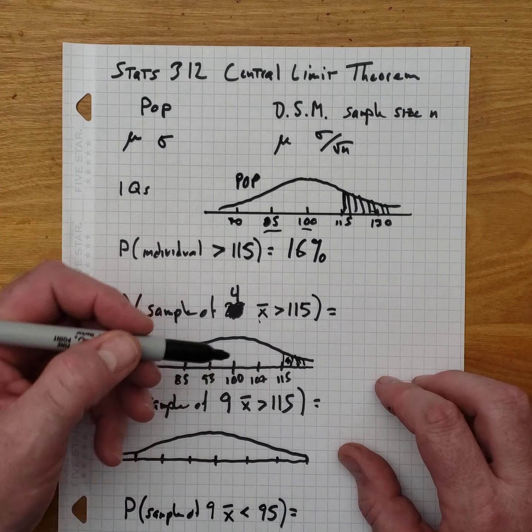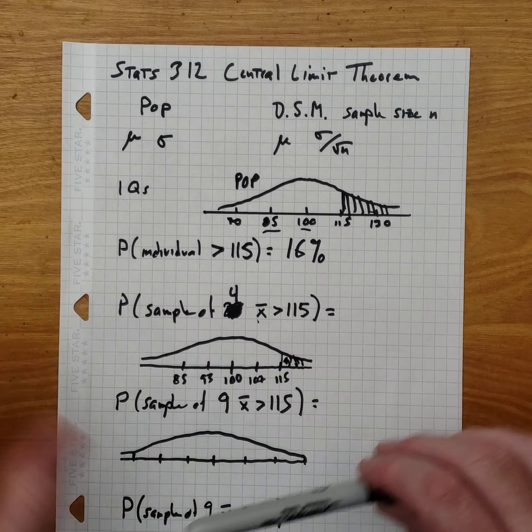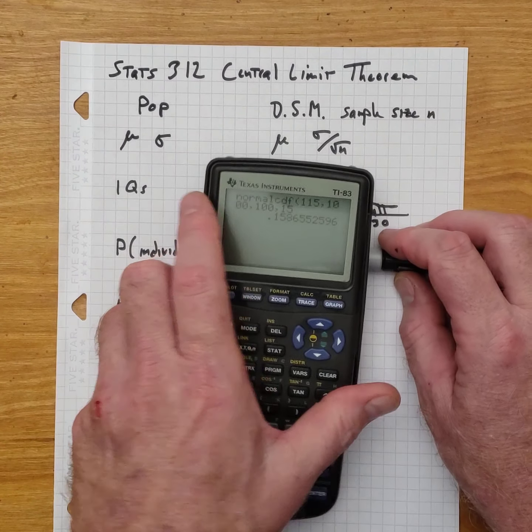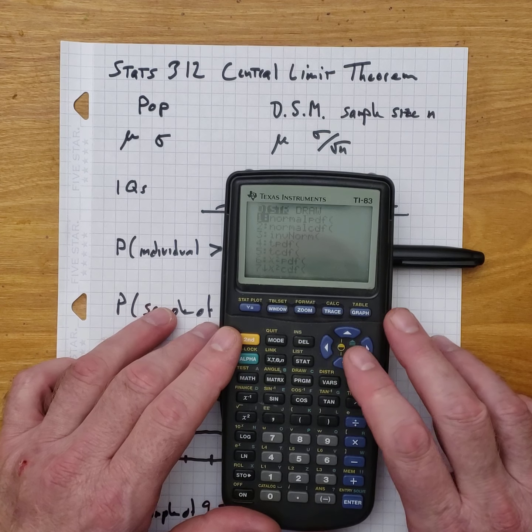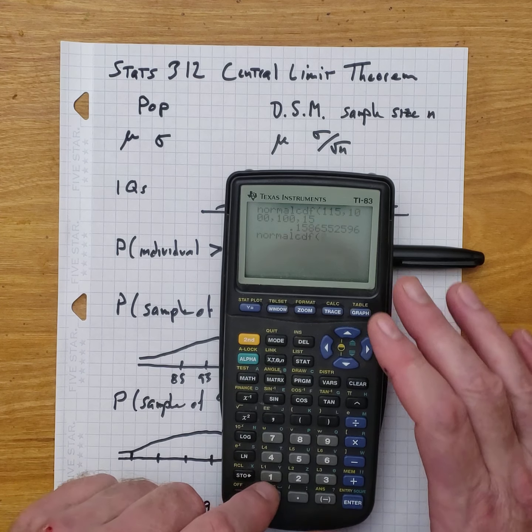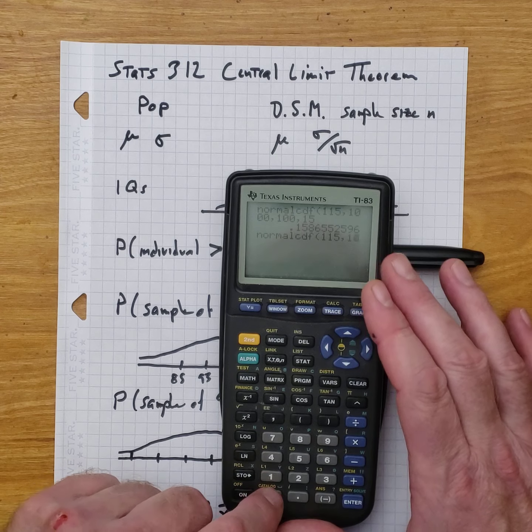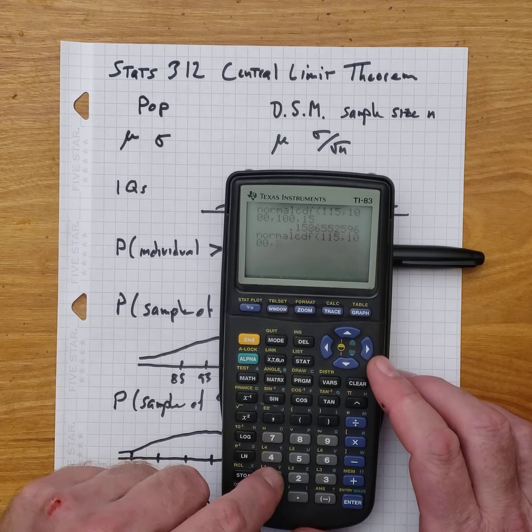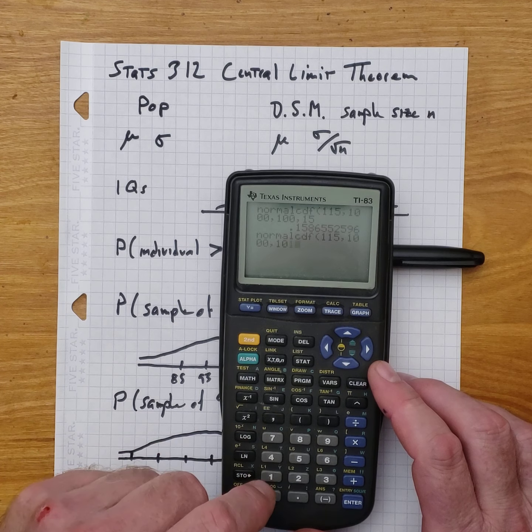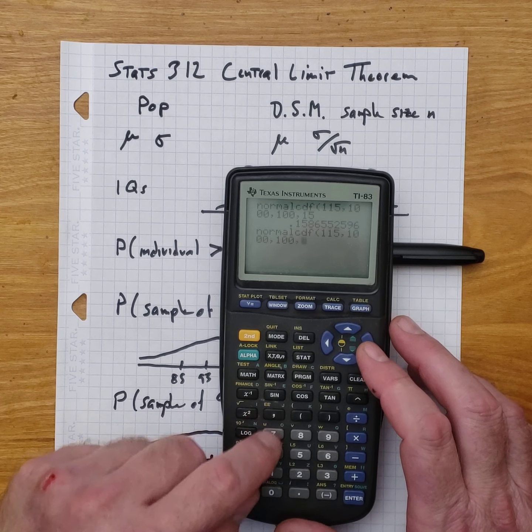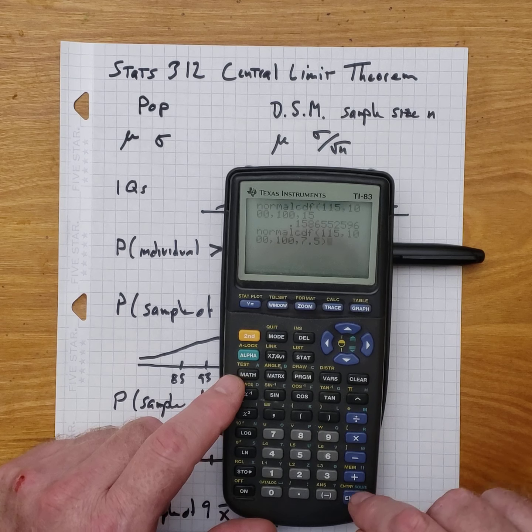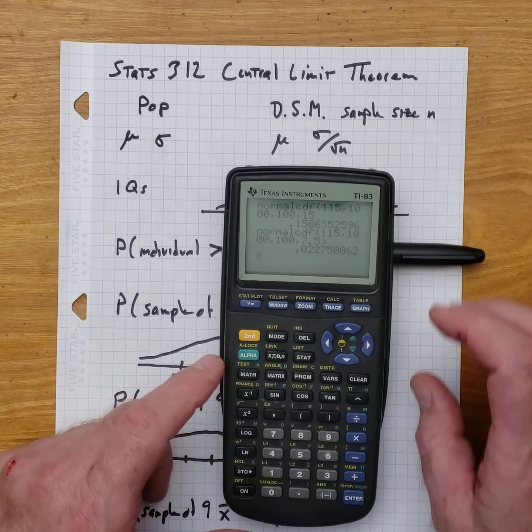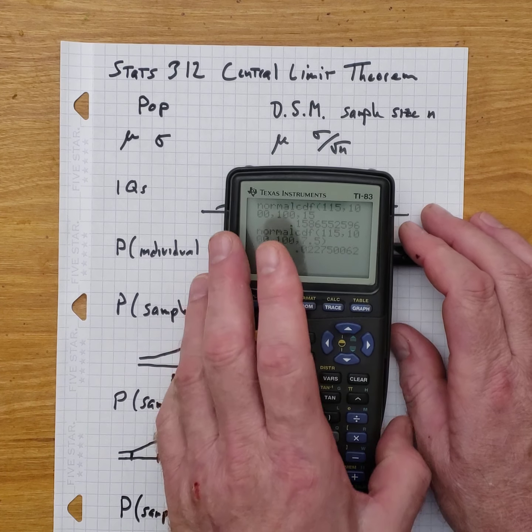And we know from experience that that should be about 2.5% of the population, or the probability should be about 2.5%. So normal distribution, we're talking about 115 to 1,000 in a population of mean 100 and standard deviation 7.5. And that gives us 2.27%, so a little bit less than 2.5%.